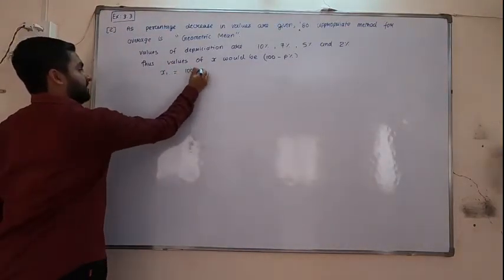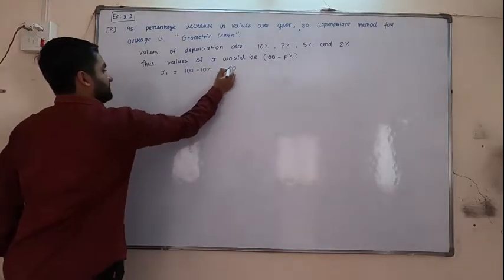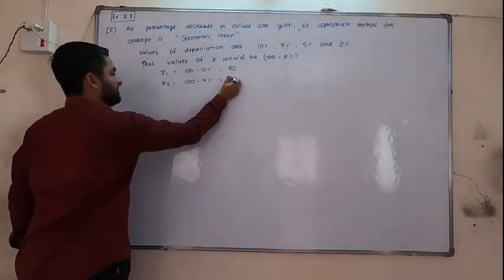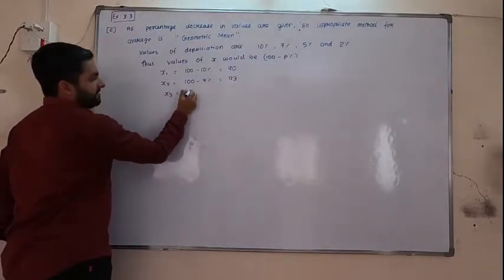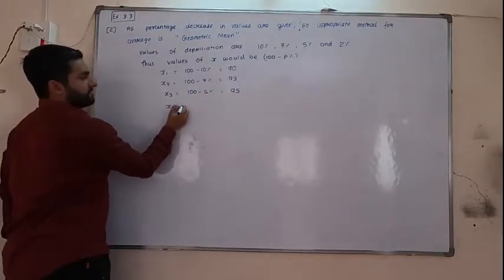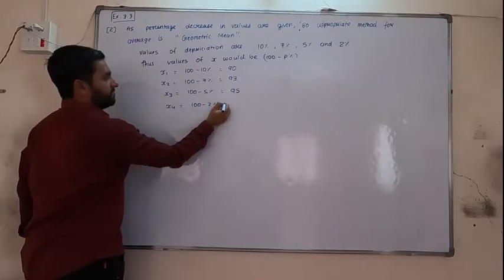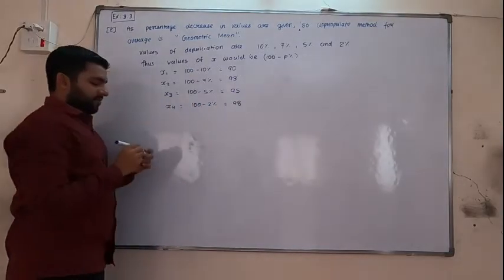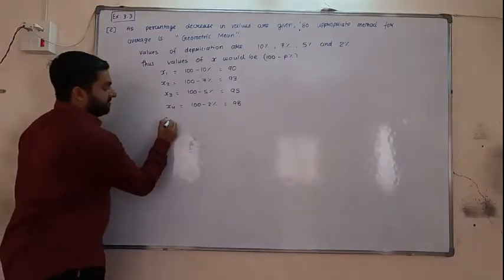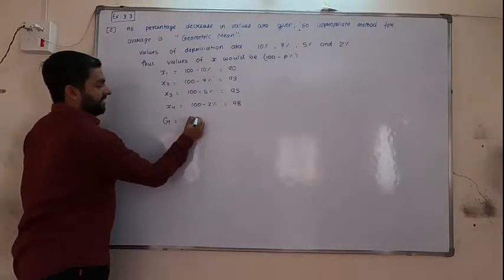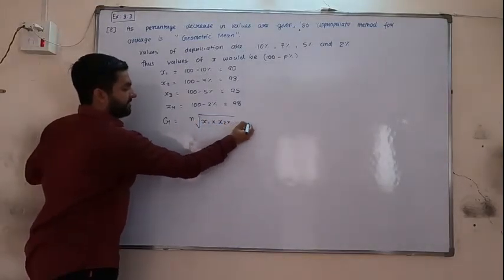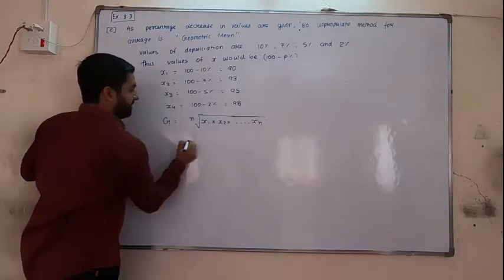X1 is equal to 100 minus 10% is 90. X2 is equal to 100 minus 7% is 93. X3 is equal to 100 minus 5% is 95. X4 is equal to 100 minus 2% is 98. If you are not doing these calculations, then your answer is totally wrong. Now, G is equal to nth root of x1 multiply x2 multiply dot dot xn.